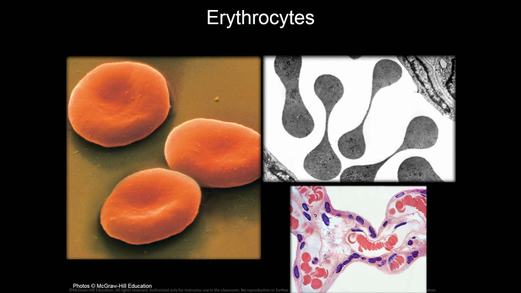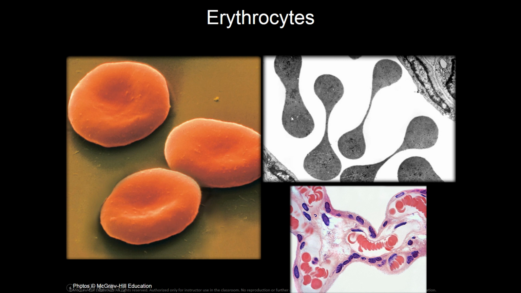This is a figure showing you these erythrocytes. How do they look? The erythrocytes are round cells that look like a disc, and they have biconcave surfaces. This is a scanning electron micrograph, a great magnification of these red blood cells, so it can show you this concave surface that it has.